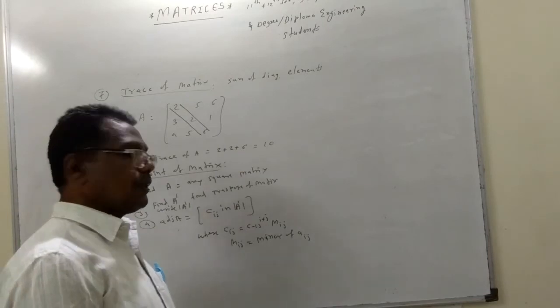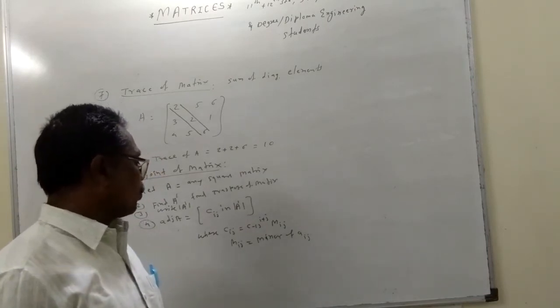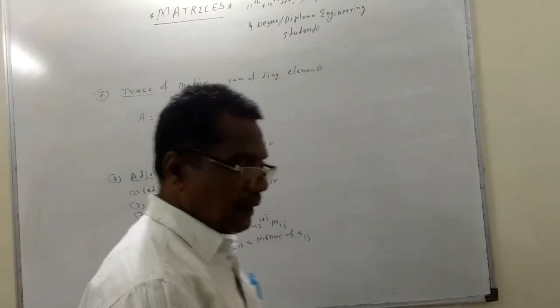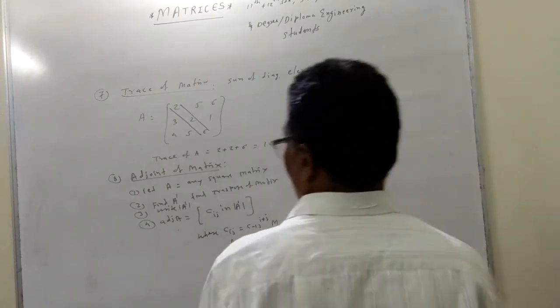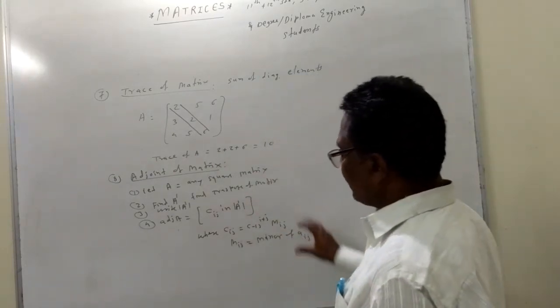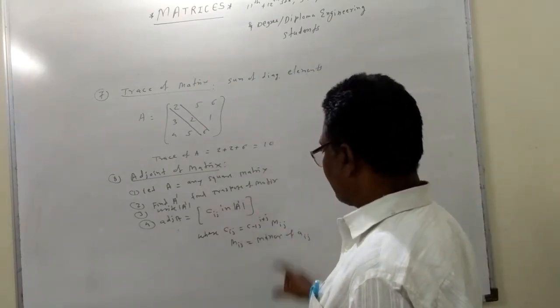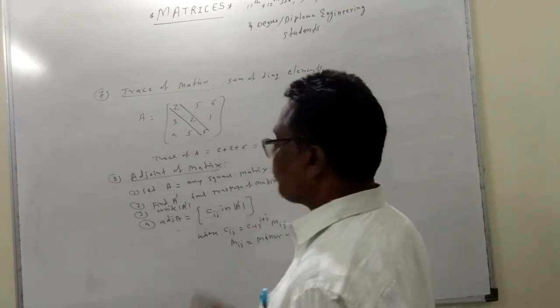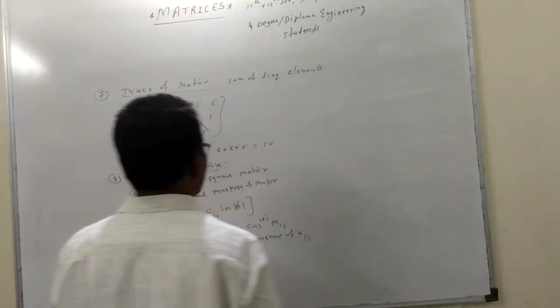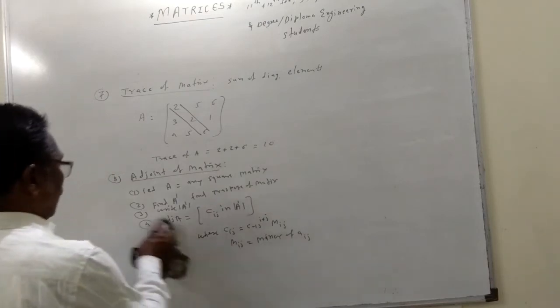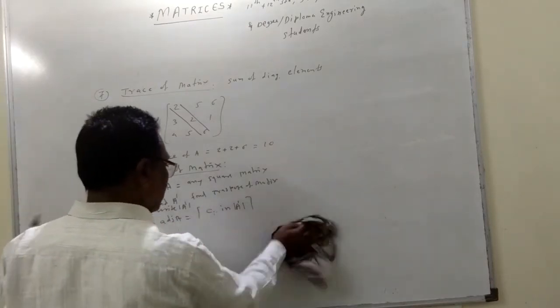Already we have studied how we find the cofactors and minors in the determinant. So always when you are finding the adjoint, you write this formula and then find the adjoint in examples. Now we will understand with an example how we find the adjoint of a matrix.